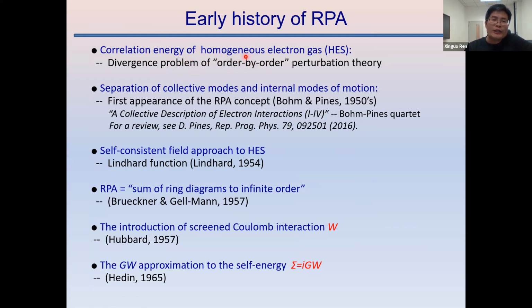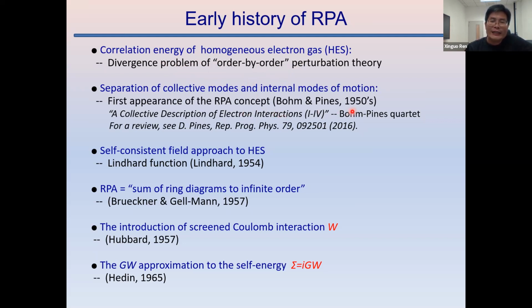When they tried to compute this quantity, initially by perturbation theory, they found that starting from the second order, the correlation energy diverges. So this approach does not work, and this problem plagued the community for quite some years.